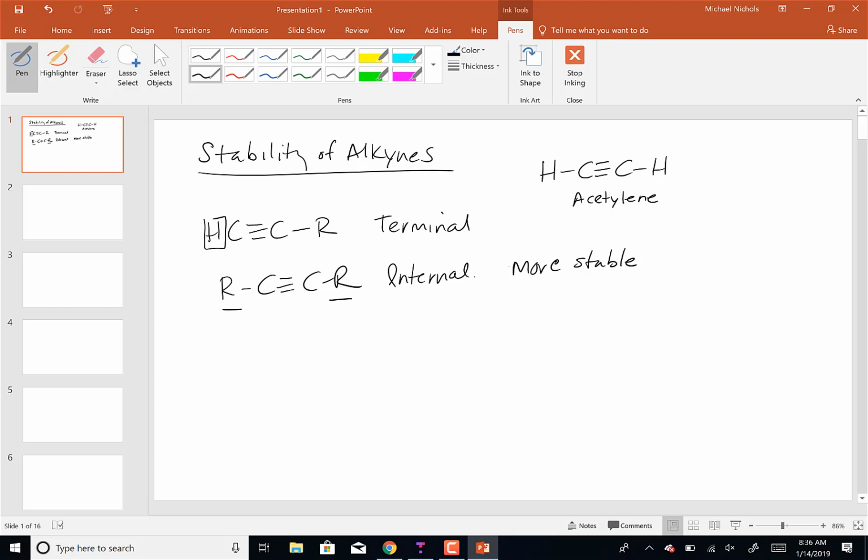But we can use terminal and internal alkynes. So every functional group that we talk about, we're going to talk a little bit about physical properties. The physical property of an alkyne is it's still a hydrocarbon. Still got carbon and hydrogens.